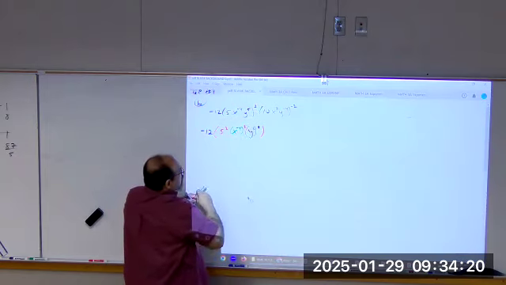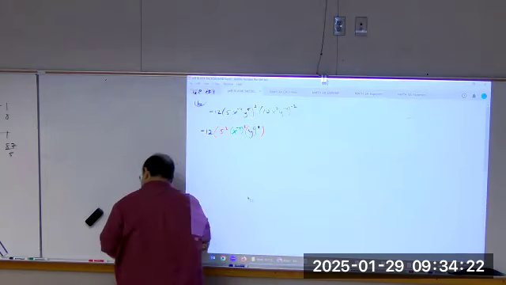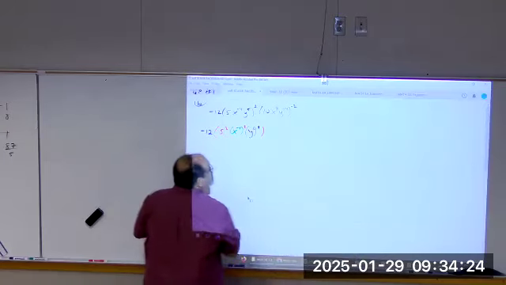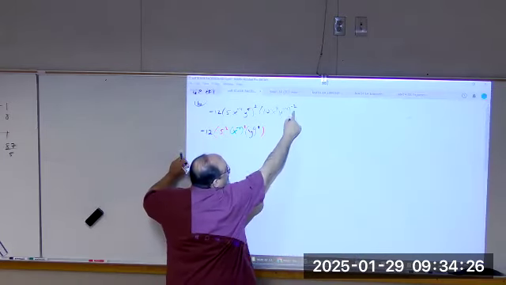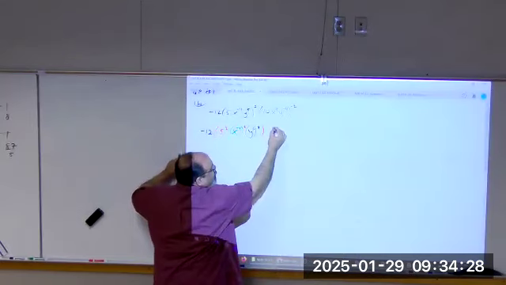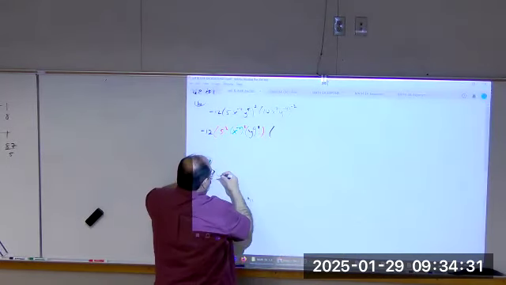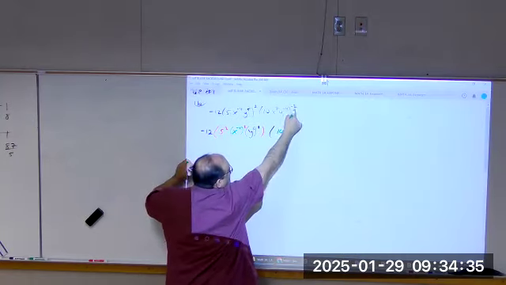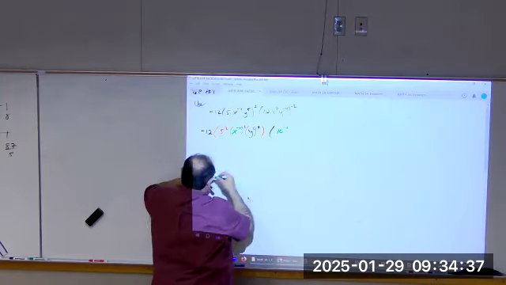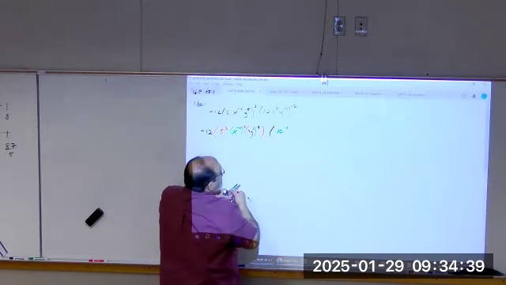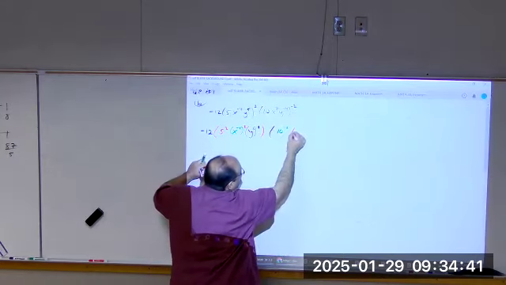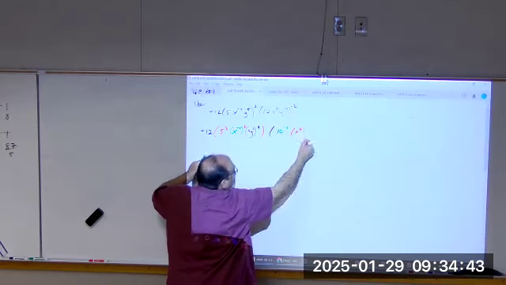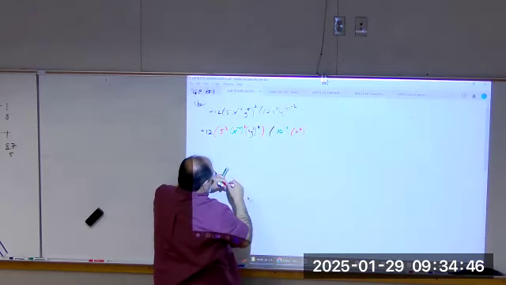And then the next parentheses, everything here is going to get raised to the negative 2. So I have that 10 to that negative 2. And I have this x to the 7th, and it's going to get raised to that negative 2.